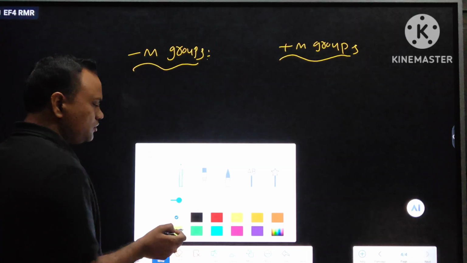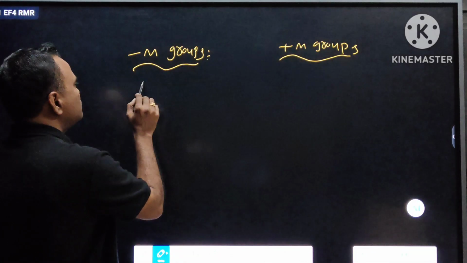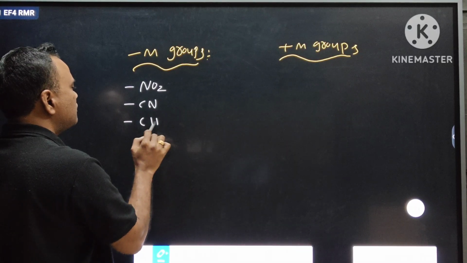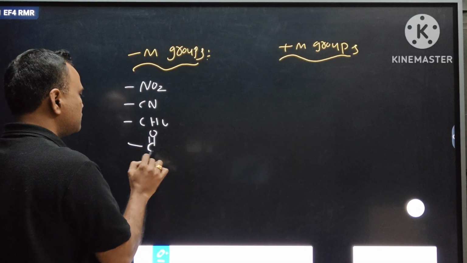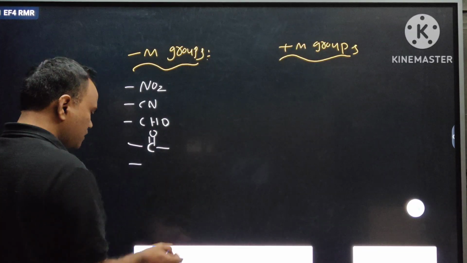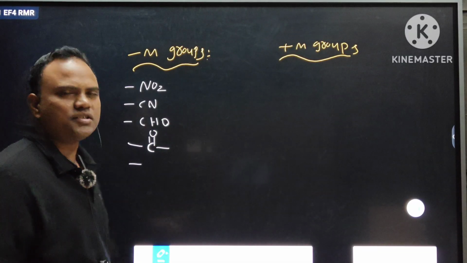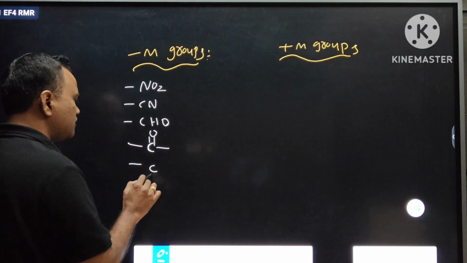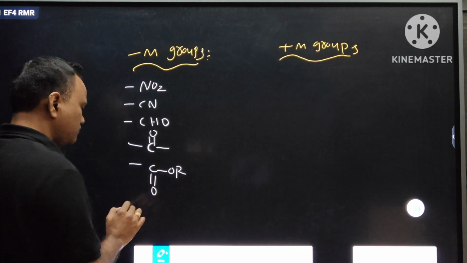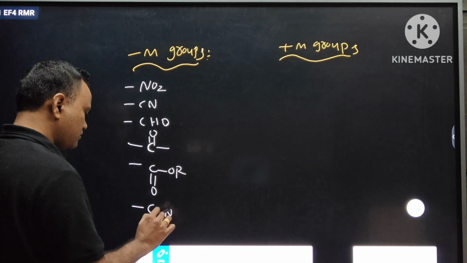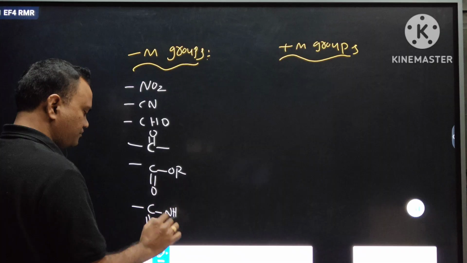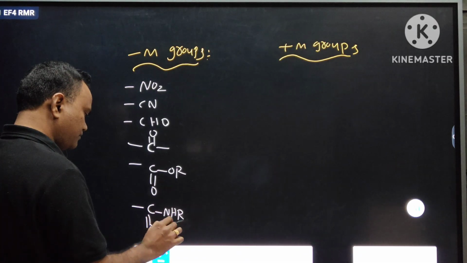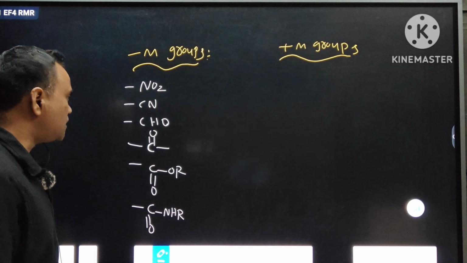Let us write some important minus M groups useful for the acidic nature concept. NO2, cyanide, aldehyde, ketone. Carboxylic acid is also minus M, but we are discussing carboxylic acid only, that's why I am not writing. And you can write ester also. You can write amide also. Ester and amide are also considered as minus M groups.